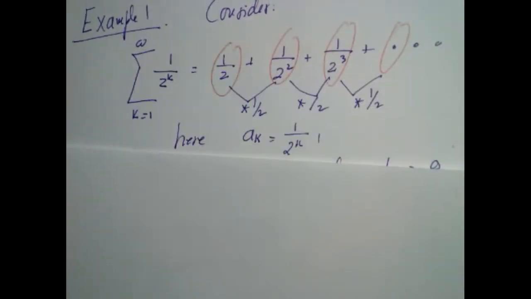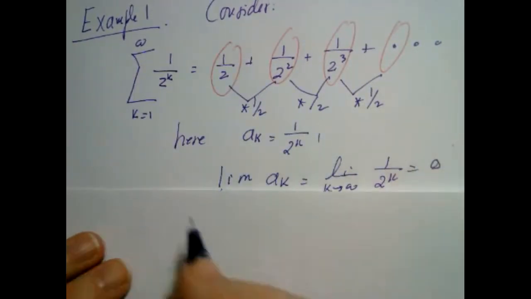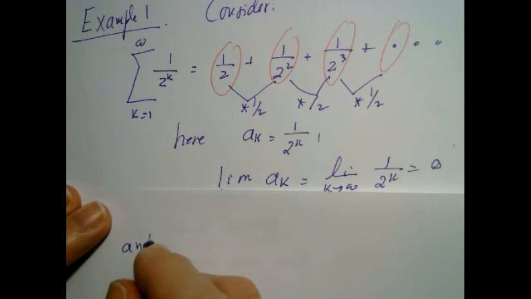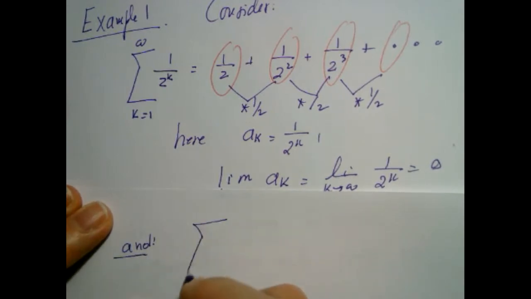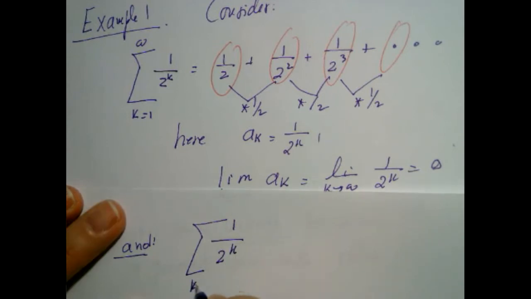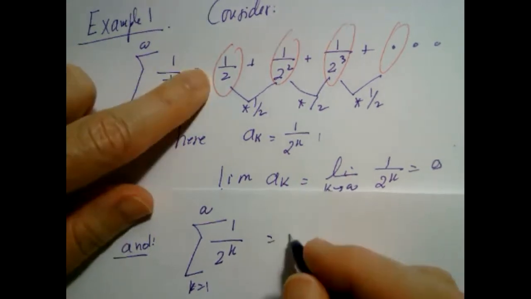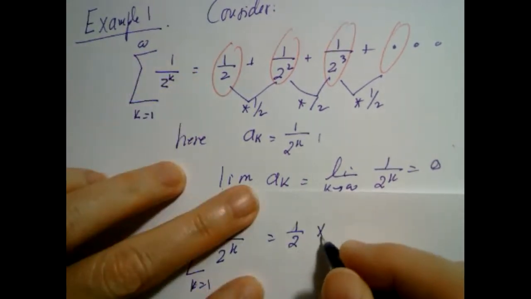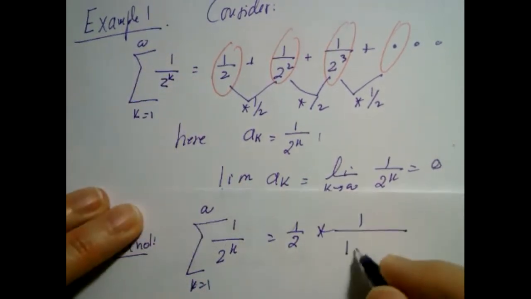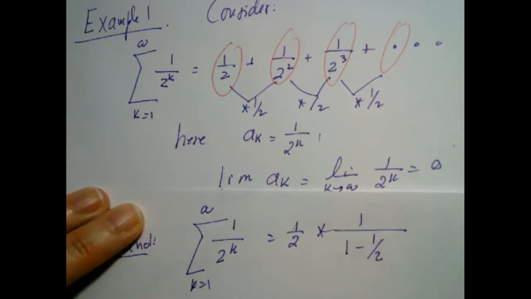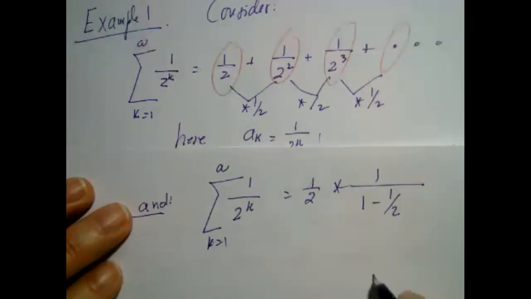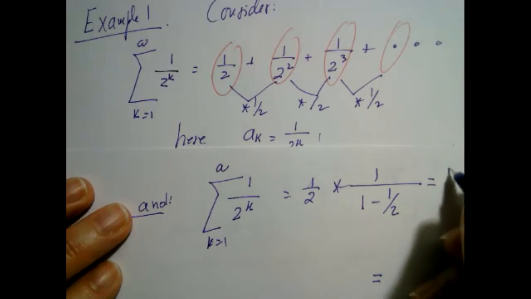And not only does it converge in this particular example, the sum of the terms is the first term times 1 over 1 minus a half, which means the sum of those terms is equal to 1.